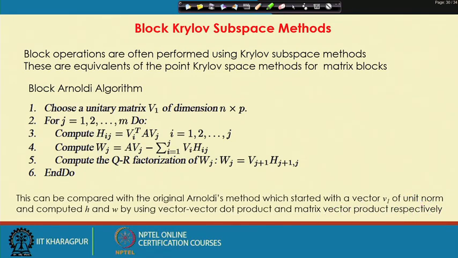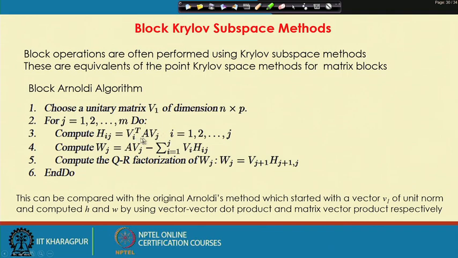This can be compared with the original Arnoldi method, which started with a vector V1. Instead of starting with a unitary matrix V1, it started with a vector V1 of unit norm and computed the Heisenberg matrix H and W by using vector-vector dot products.